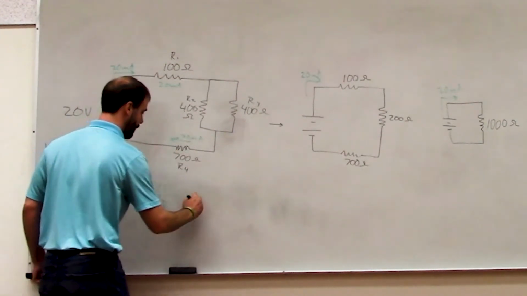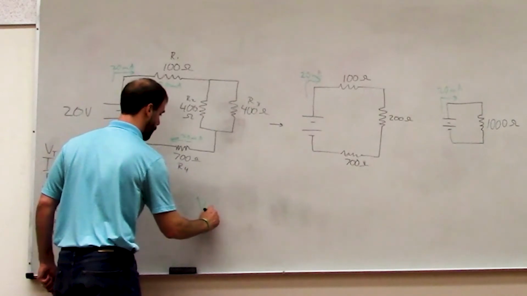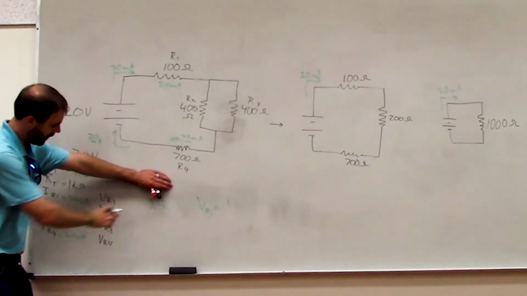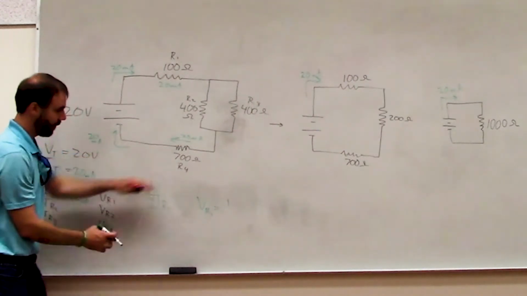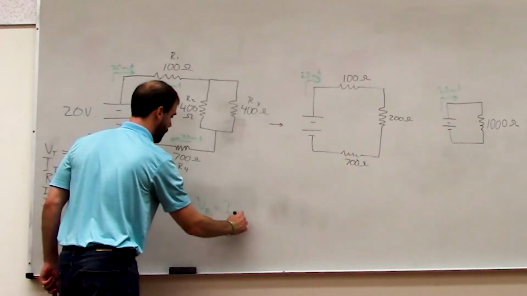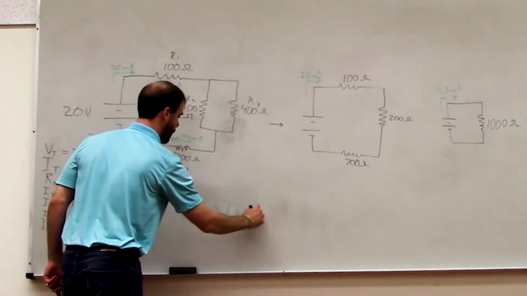So we say VR1 equals, we cover that up. We see that it's I times R, right? So it's IR1 times R1.